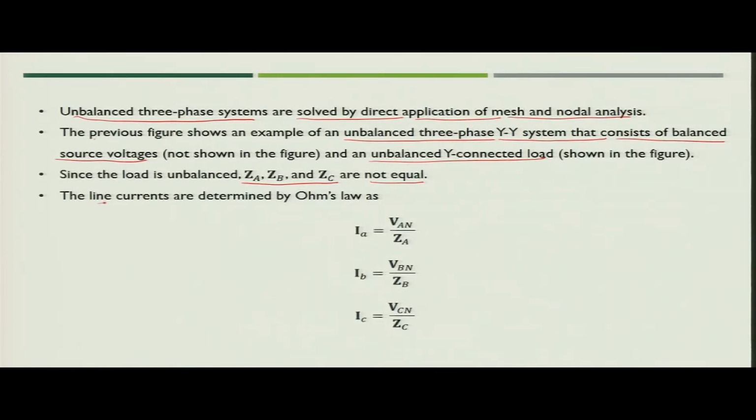Now, we calculate the line currents with the help of Ohm's law.